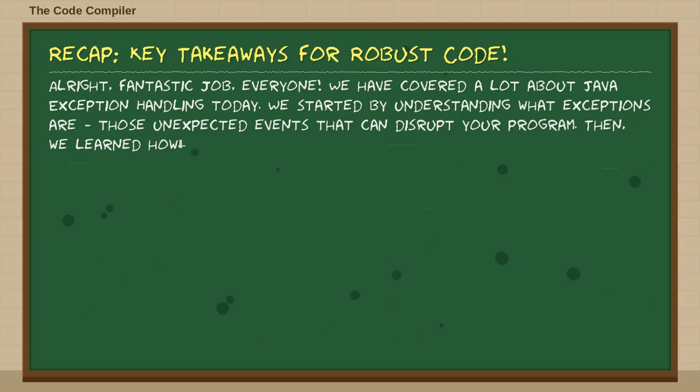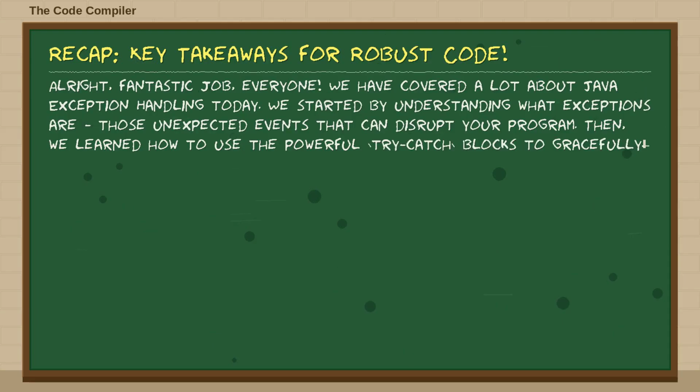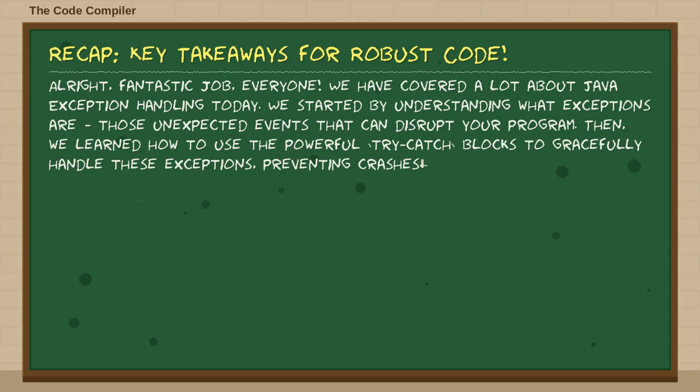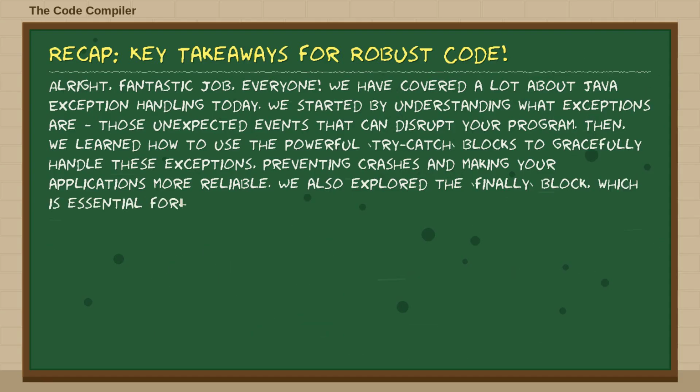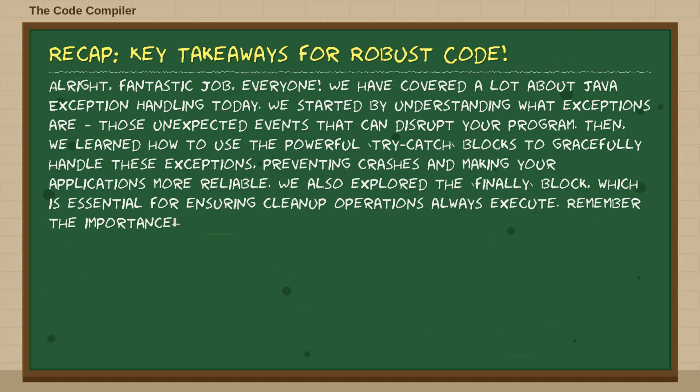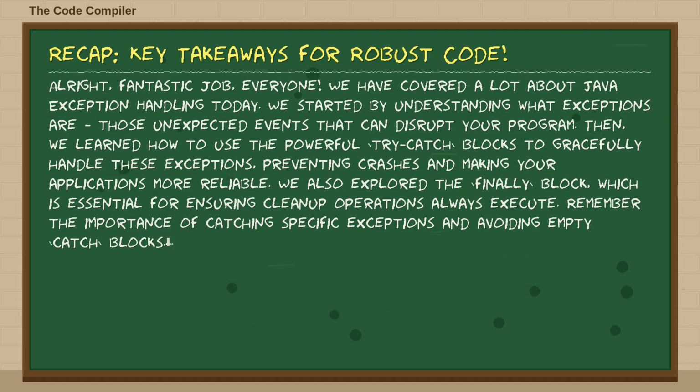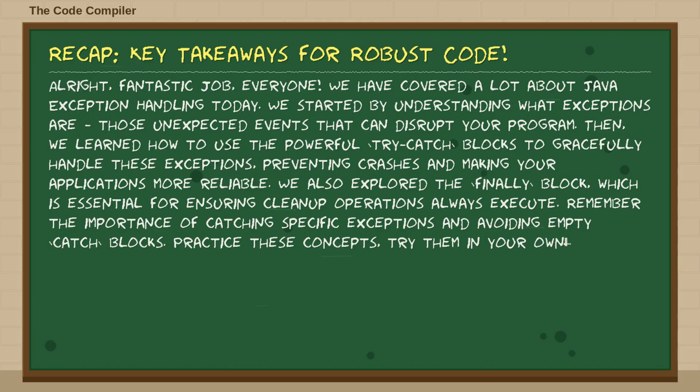Then, we learned how to use the powerful try-catch blocks to gracefully handle these exceptions, preventing crashes and making your applications more reliable. We also explored the finally block, which is essential for ensuring cleanup operations always execute. Remember the importance of catching specific exceptions and avoiding empty catch blocks.